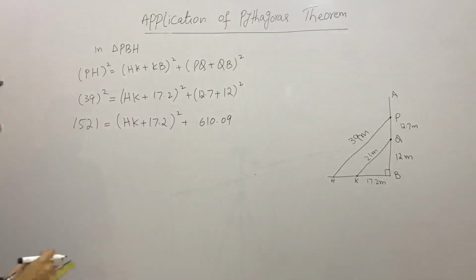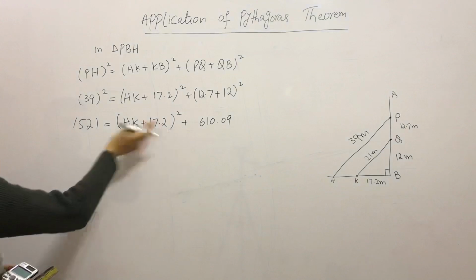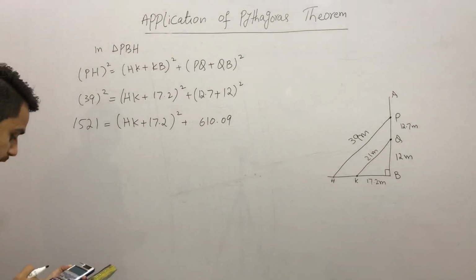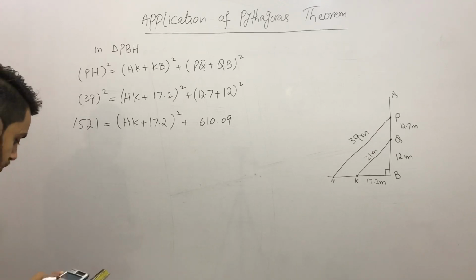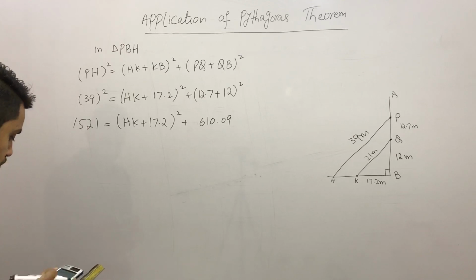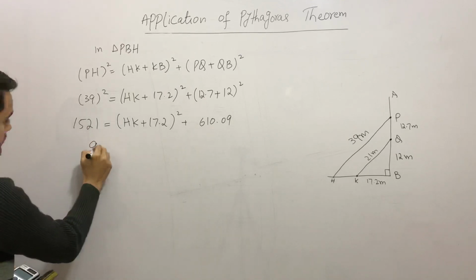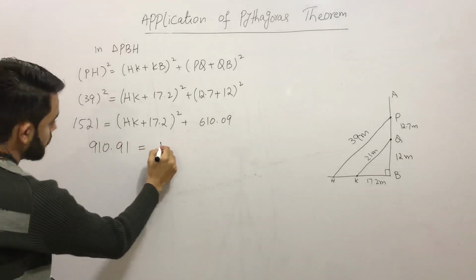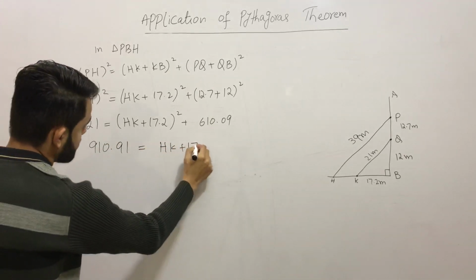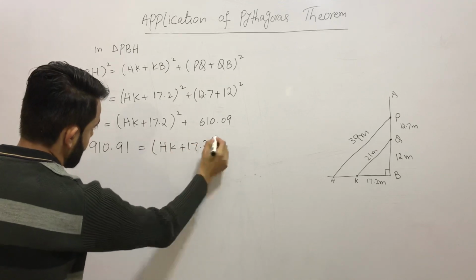Okay, now we can shift this 610.09 to that side of the equation and it will become 1521 minus 610.09, that's going to give you 910.91 equals HK plus 17.2 square.